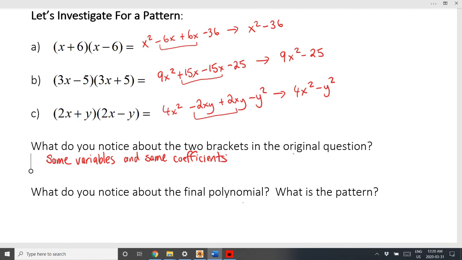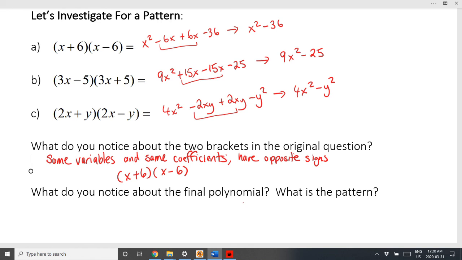But you may also notice that they have opposite signs. And I'll just write that example down at the top here: x plus 6 and x minus 6.